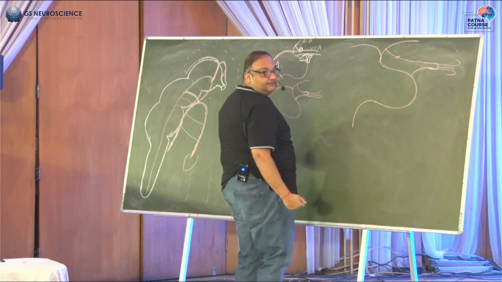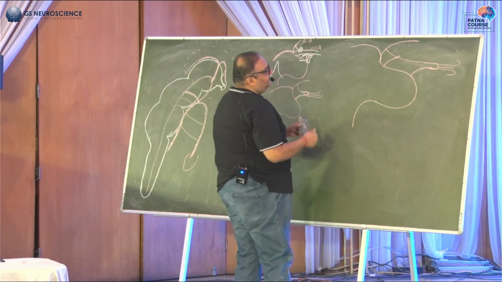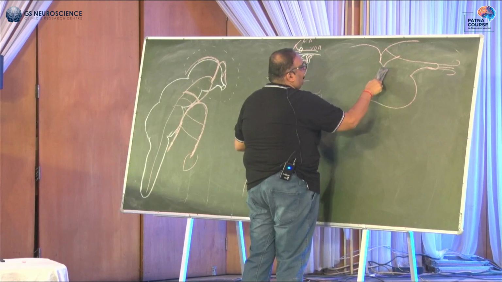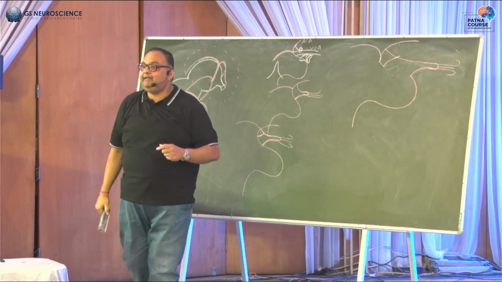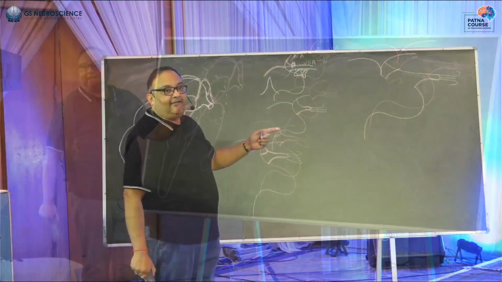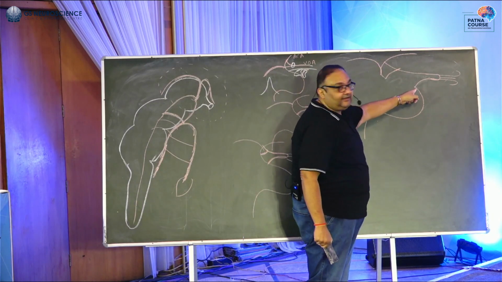You can have a situation in which this remains, but the entire C6 and the C7 segments of the ICA are completely involuted or not developed. You will have an anterior cerebral artery that originates from the cavernous sinus.